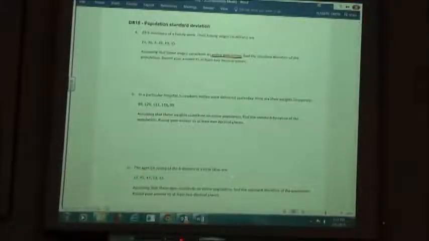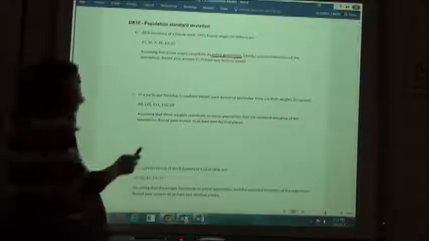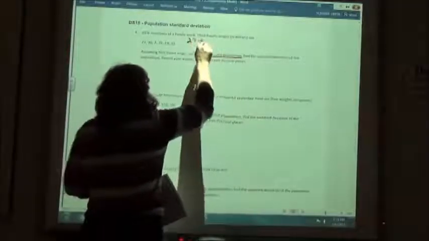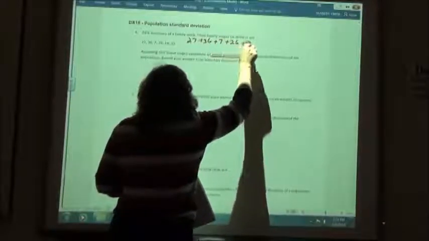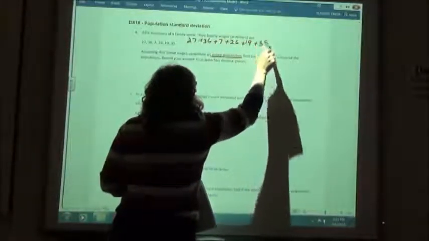First thing we have to do is find the mean of the list of numbers that we have. So if we're going to find the mean, we're going to add our numbers up and divide by how many numbers are on our list. So we're going to take our 27 plus our 36 plus our 7 plus our 26 plus our 19 plus our 35.